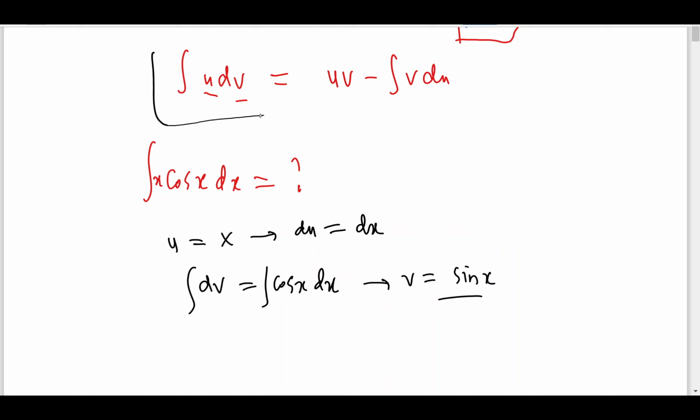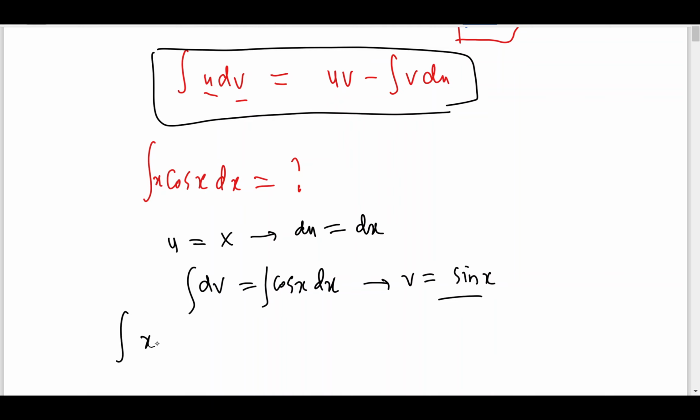By using this formula, the integral of x cosine x dx is uv, where u is x times v is sine x, minus the integral of v, which is sine x dx, dear students.